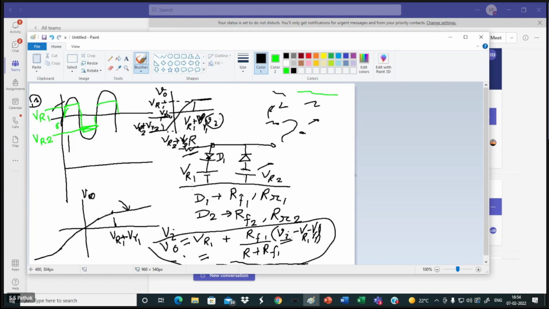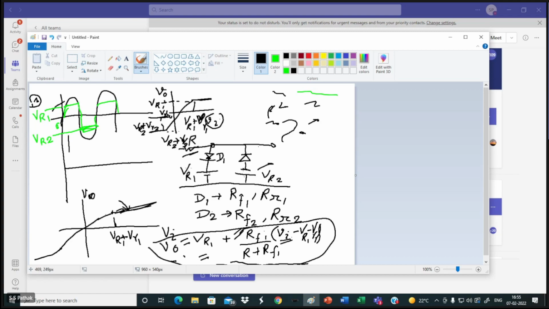So if the Vi is increasing, the slope is also increasing by that. So VR1 by V gamma 1 will also be getting divided by Vi. But if it is considered that forward bias resistance is close to 0, then 0 divided by R will become 0 and this can be neglected. Is it okay?